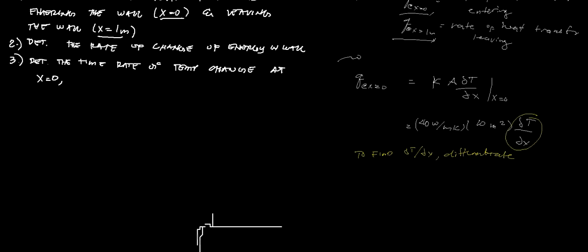So our given function is T of x is equal to a plus bx plus cx squared.